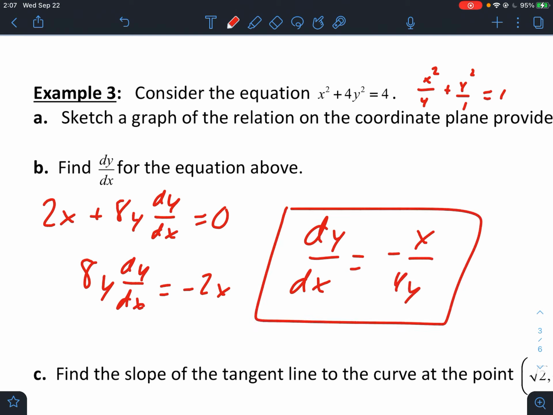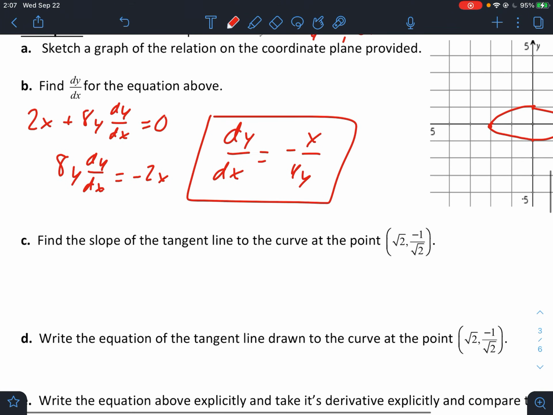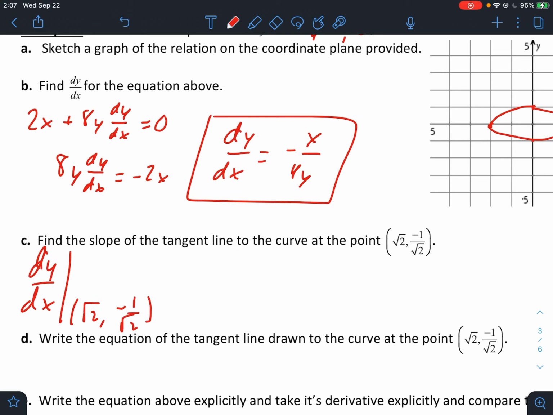And there's our derivative at any point on that ellipse. Find the slope of the tangent line to the curve at the point given. We're just going to take that point and put that into dy dx. So dy dx at the point root 2 comma negative 1 over root 2 is negative root 2 over 4 times negative 1 over root 2.